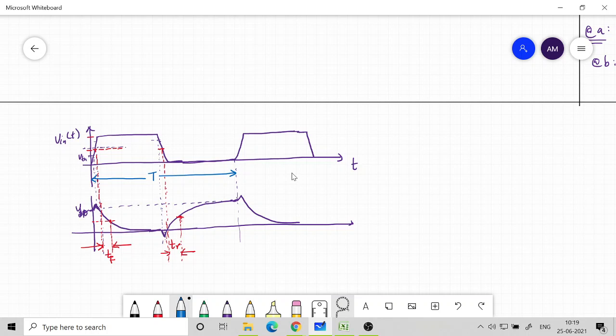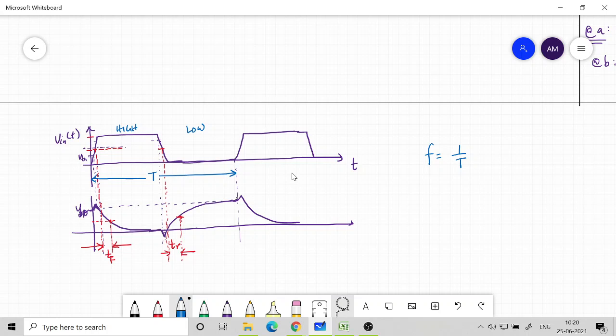Usually we give this kind of pulse waveform into a digital circuit, which stays at high and low digital logic levels. There is a time period associated with that, and frequency is basically 1 by T.